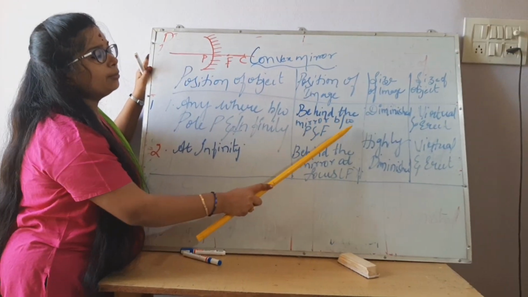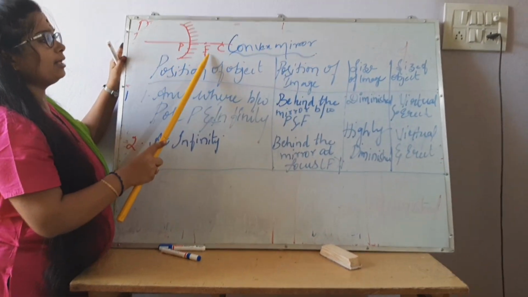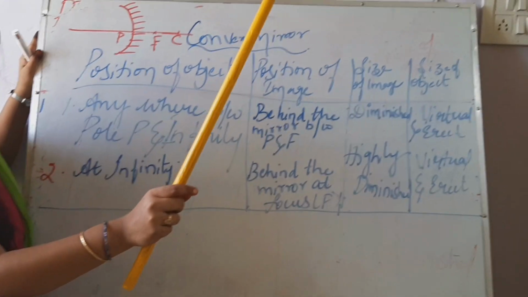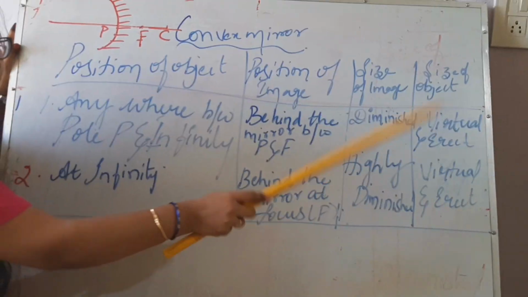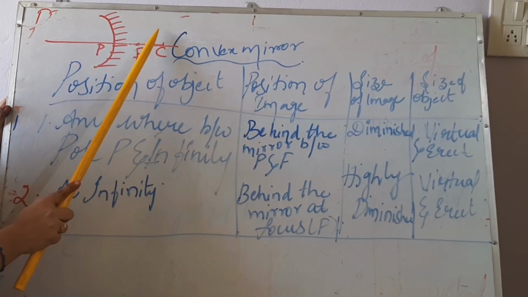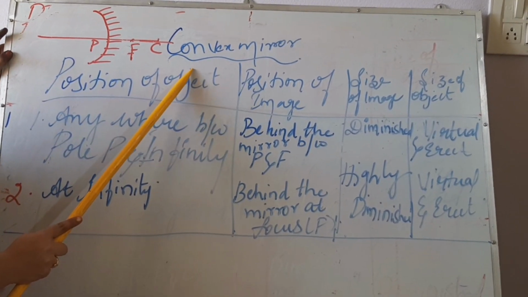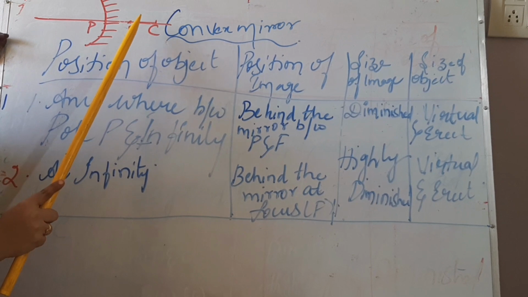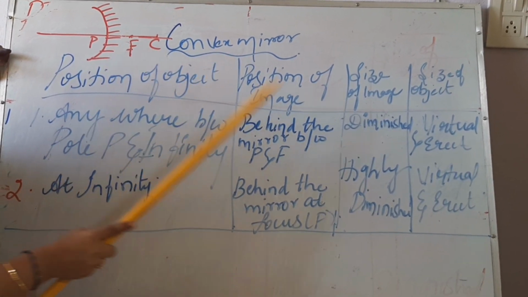Behind the mirror, between P and F, the image will be formed. And it will be diminished, very small, virtual and erect. Virtual, as you know, in the convex mirror the rays are not going to meet really, they meet only virtually. We are making them meet, so it is diminished.